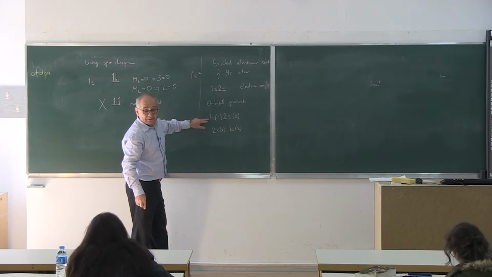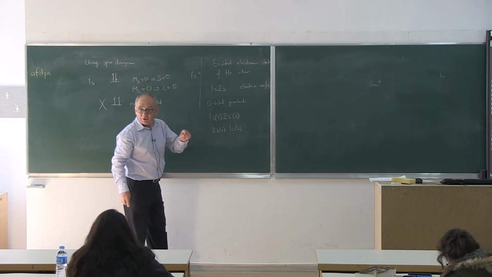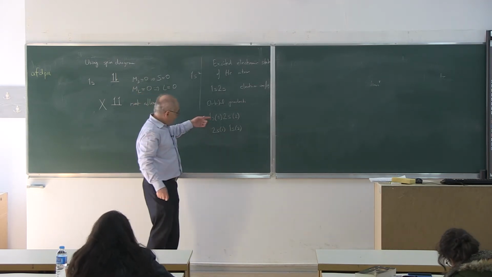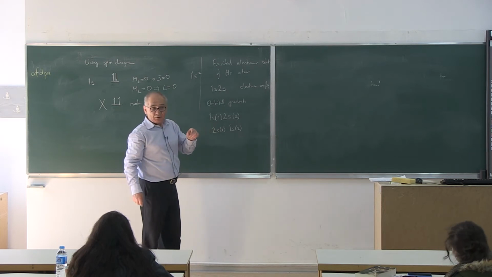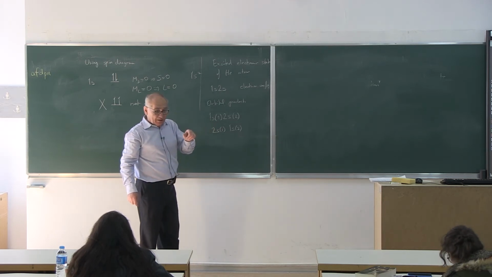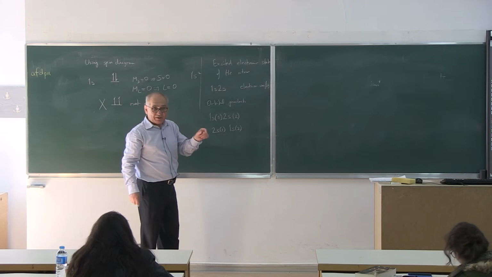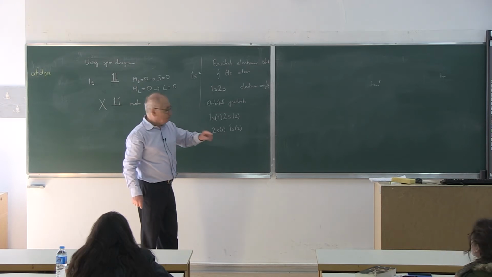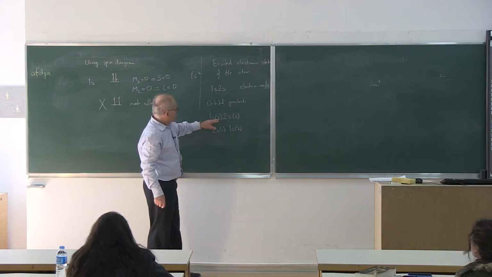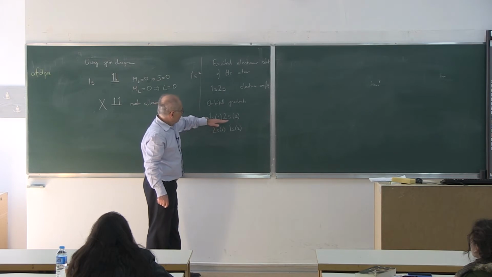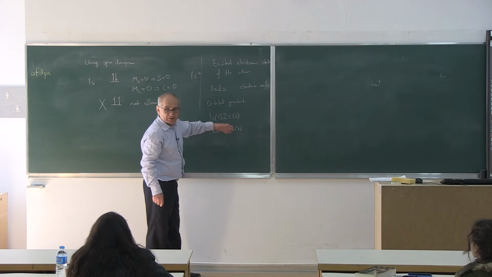They do not individually satisfy the requirement for being either symmetric or antisymmetric with respect to electron exchange. If in the first product you exchange 1 with 2, you obtain the second function, but this function is a different function.